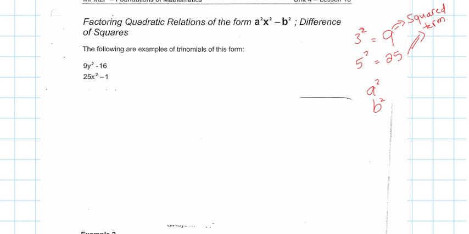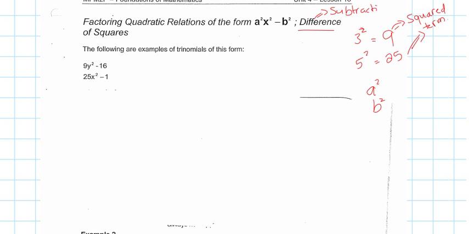So we have difference of squares. What does the word difference mean in math? When I say difference, I'm finding the difference between two terms. Subtraction. So the difference means subtraction.